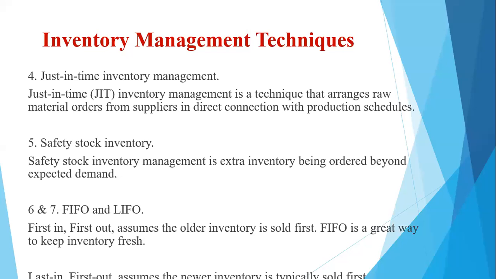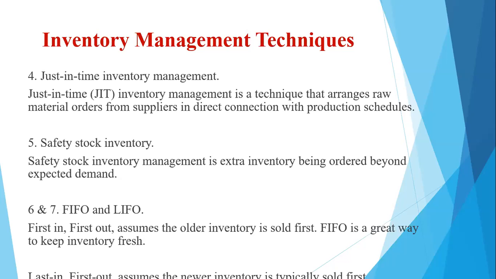Now, what happens under FIFO? The inventory that is procured first will be issued to the production first. So typically this type of inventory system will be utilized especially in case of perishable commodities. In case of LIFO, where the business houses are following the LIFO method, the cost of the inventory issued to the production process will be at the latest cost.